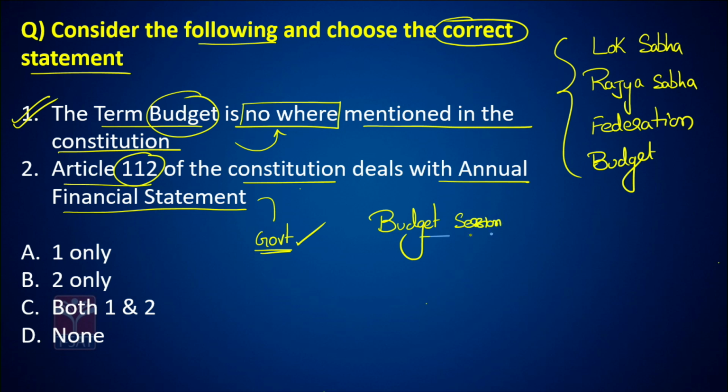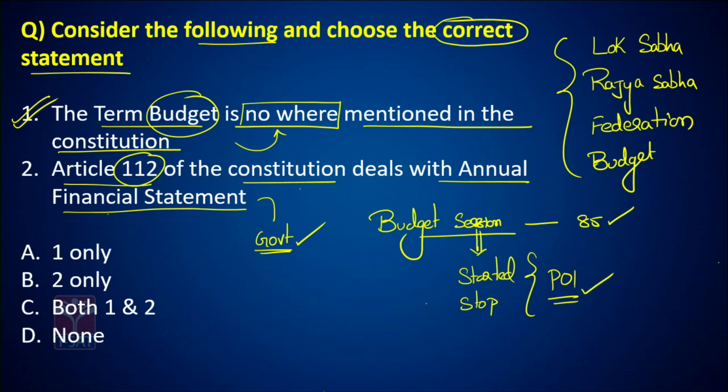As per Article 85 of the Constitution, a session of the Parliament is started or can be stopped by the President of India only. So the answer for this is C, because both the statements are correct. Very, very important. These types of questions can be asked in your exam. Now let's go to the next question.